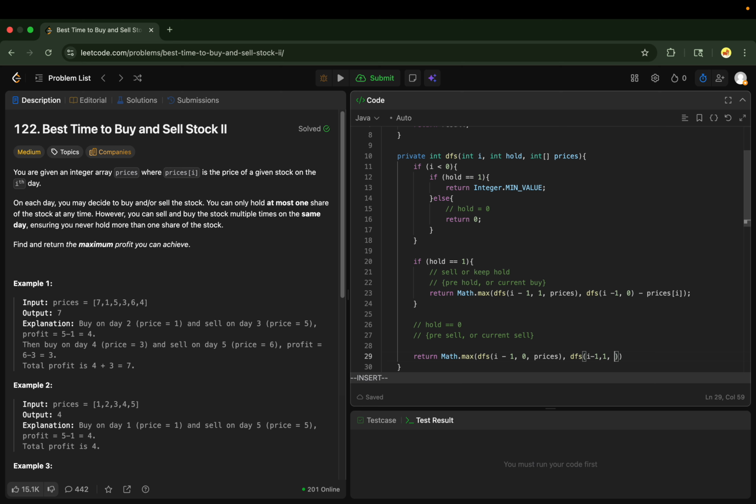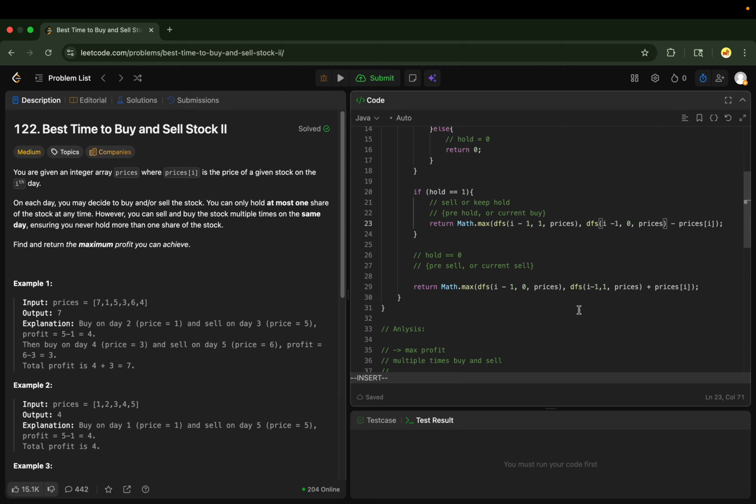This is the previous, and selling at the current time. Yes, you can check.